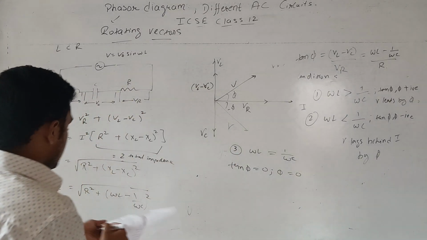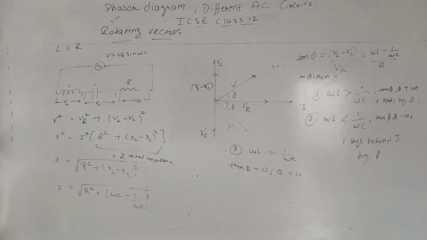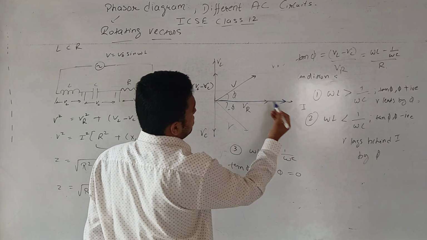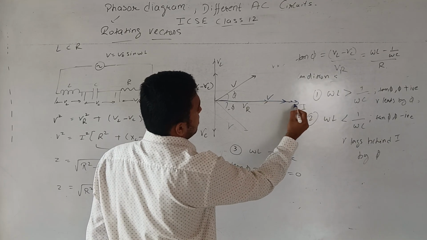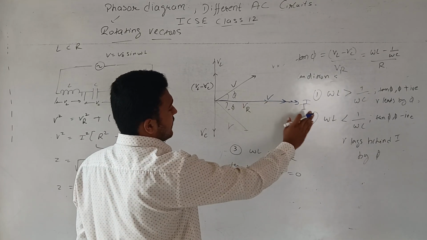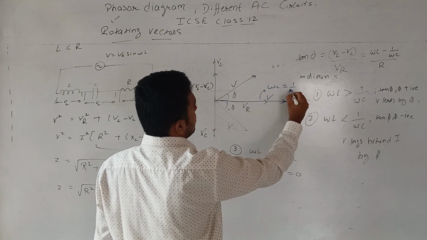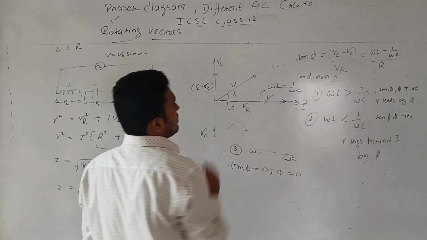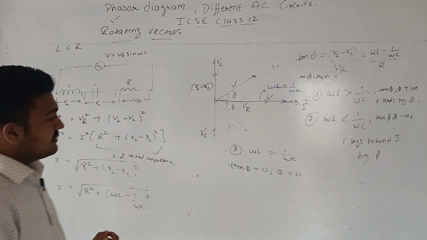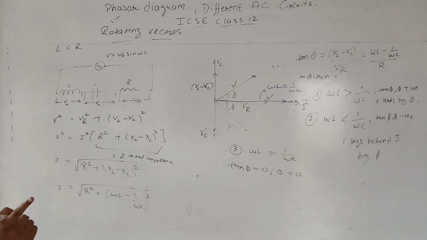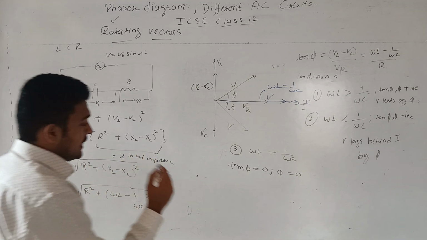So the condition will be potential and current will be in the same phase. So this will be V and this will be I, both in the same phase when omega L is equal to 1 by omega C. This is the condition of resonance.